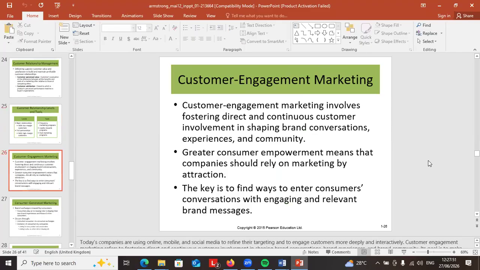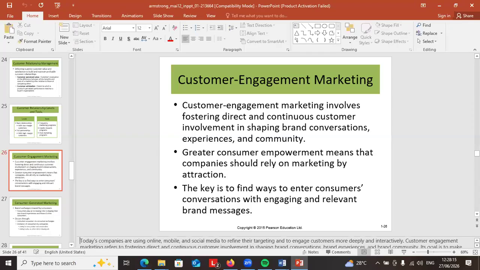Now let's look at another concept. Customer engagement marketing. Of course, today's companies are using online, mobile, and social media to refine their targeting and to engage customers more deeply and interactively.